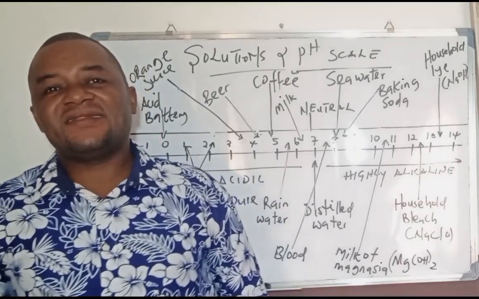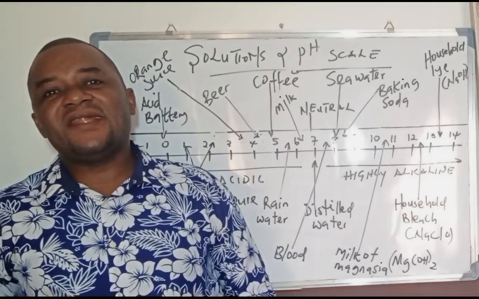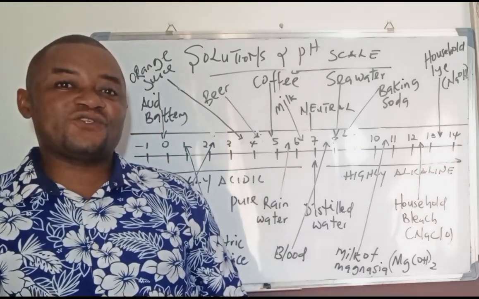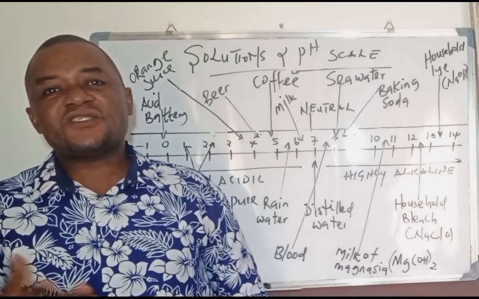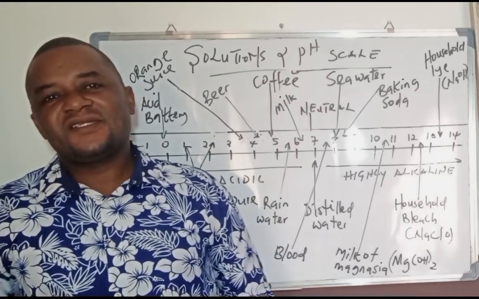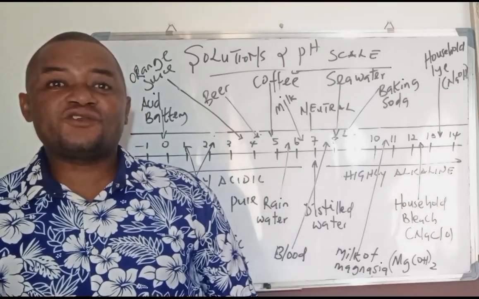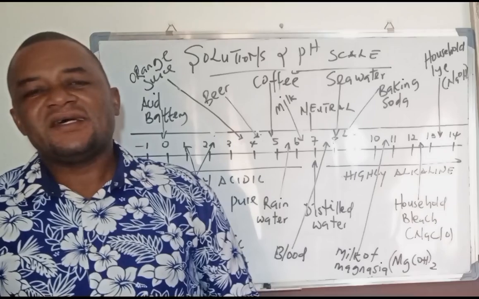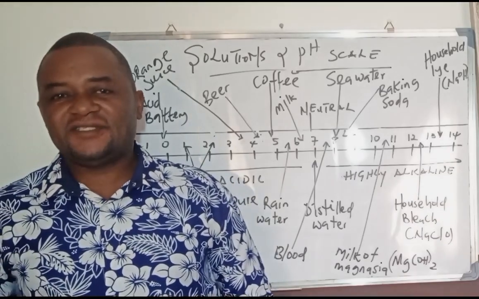So today, at the end of this class, you will not only have learned chemistry, but you will also understand most of those life-challenging solutions that you are consuming that are of issue to your own health.